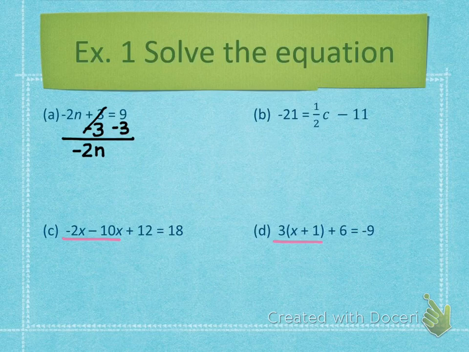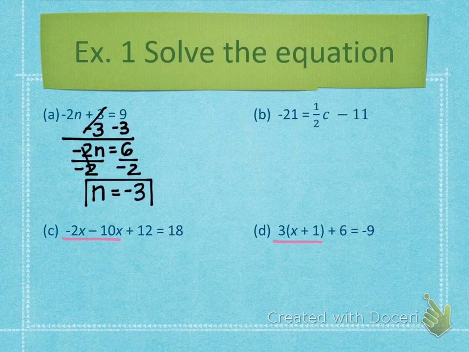So we have not used negative 2n, and it equals, what's 9 minus 3? 6. Good. Now we are at the very last step, which is to multiply or divide. How are we going to solve for n? Divide both sides by negative 2. So negative 2 over negative 2 simplifies to 1, which we do not need to bring down. And what does n equal? Negative 3. Awesome.